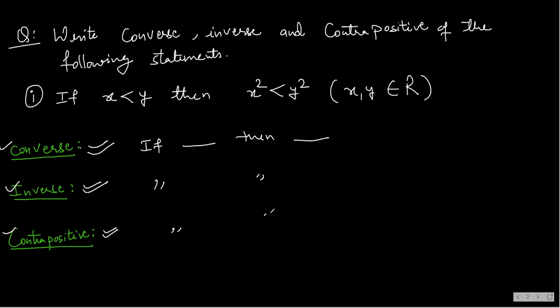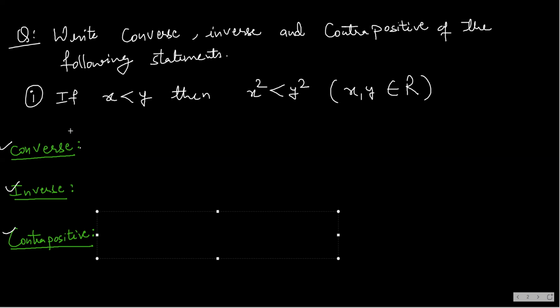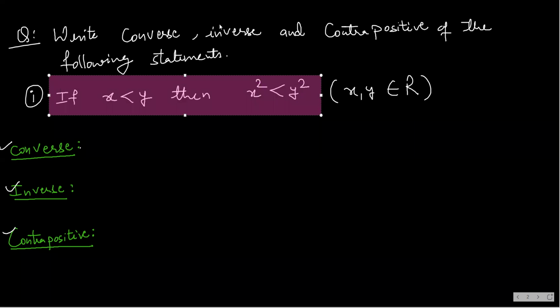This will be noticed in all the three, but these three will be the outcome of a given implication statement. That is, you would be given an implication statement like here, and then you have to write the converse, inverse, and contrapositive of this.